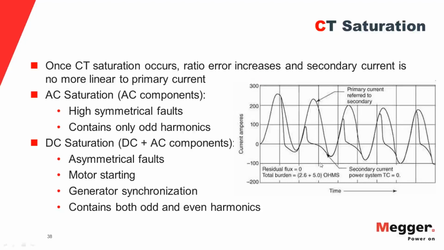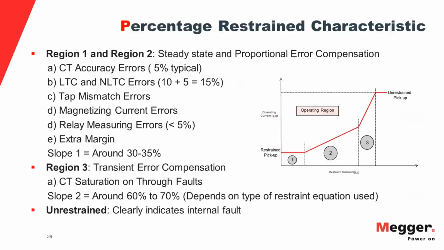So what relay manufacturers do is they provide something called a percentage restrained characteristic. It's plotted with restraint current on the x-axis and operating current on the y-axis. If my operating current goes beyond the slope, then only I would say to my relay, hey relay, this is a condition to operate and you are supposed to operate.